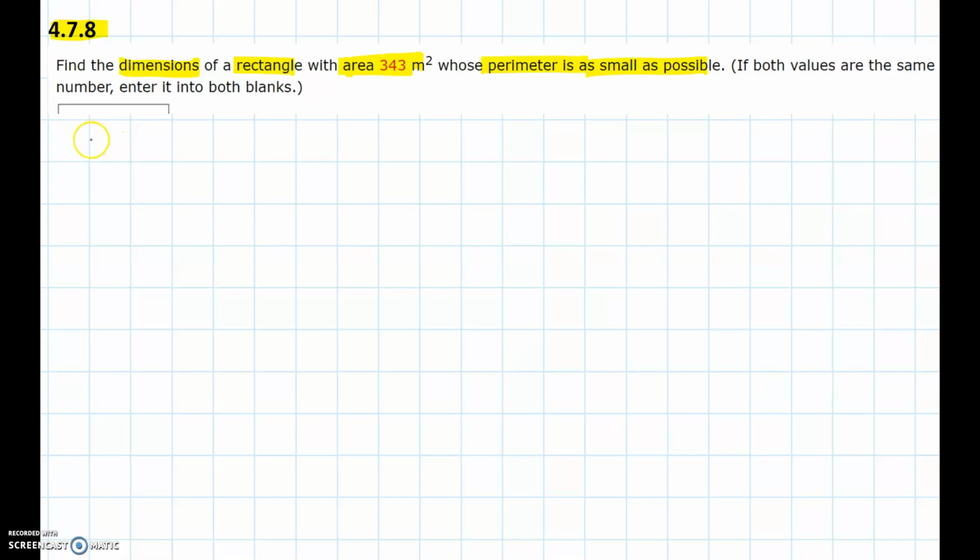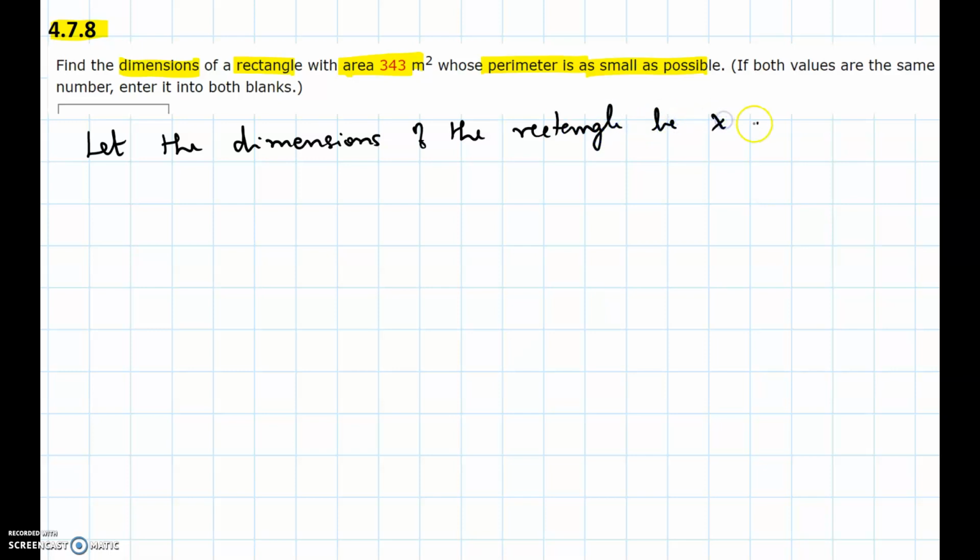So let's assume that the dimensions are x and y. X is the length and y is the width. So let the dimensions of the rectangle, the dimensions means length and the width. So it's given area is 343 meters square.